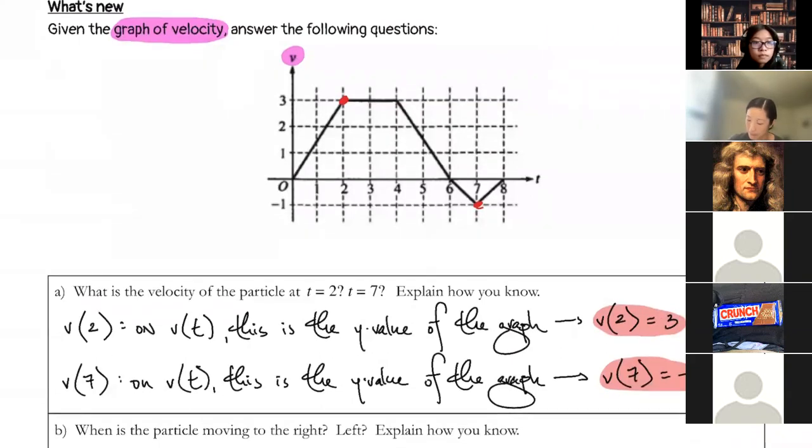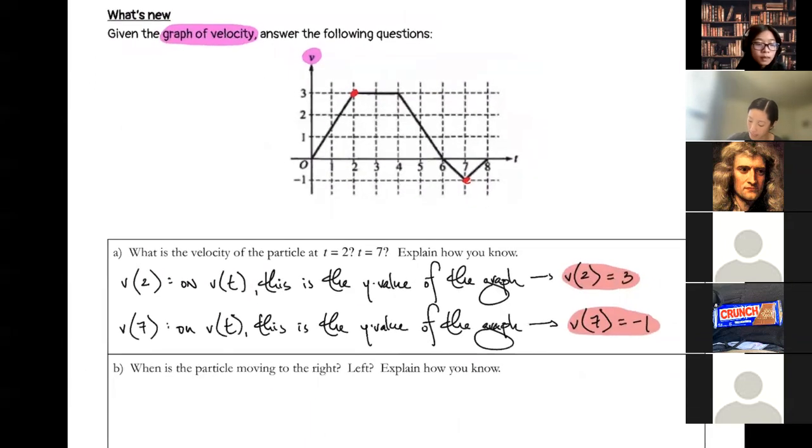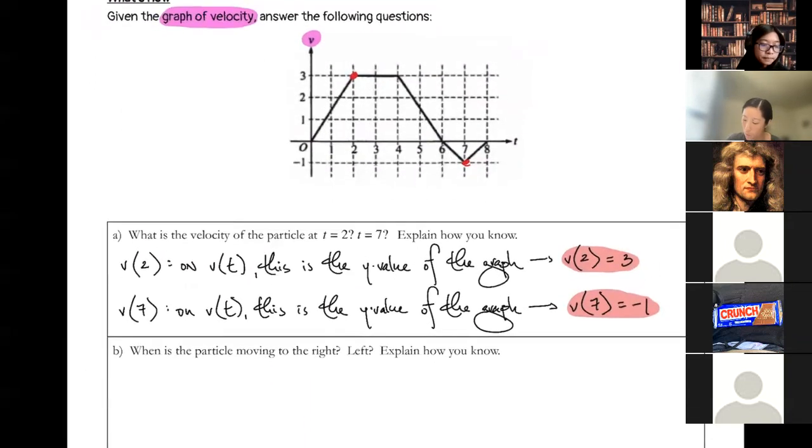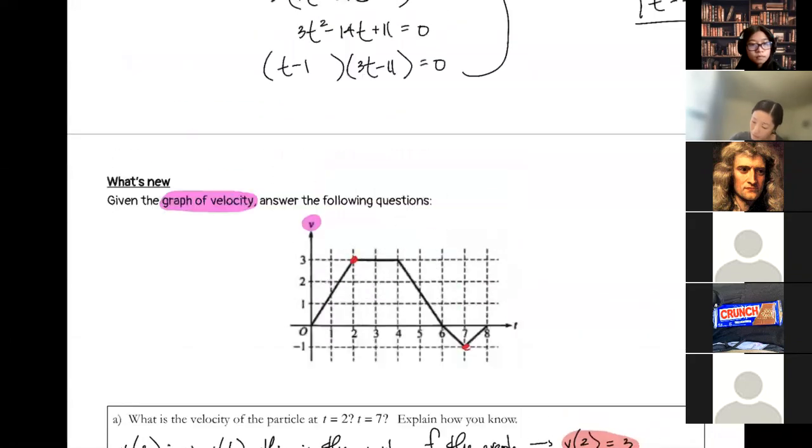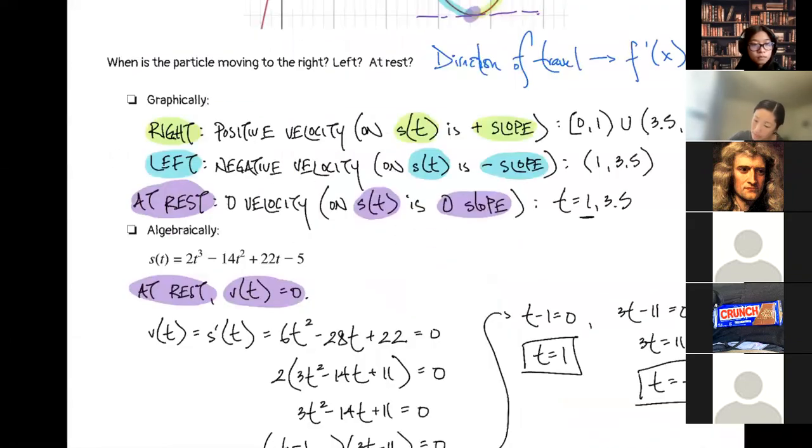All right, let's take a look at this second question. When is the particle moving to the right? When is it moving to the left? And explain how you know. So I'm gonna go ahead and go back up here for a moment, and let's take a look at something we wrote down earlier.